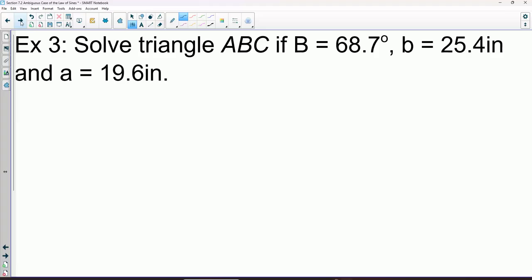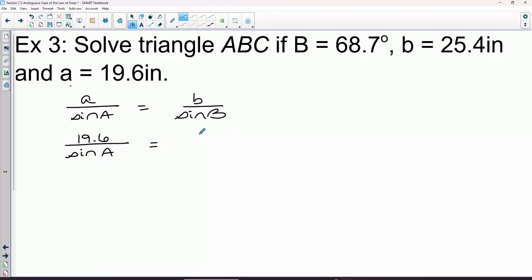Okay. So we start, we have information about A and B. So A over sine A equals B over sine B. So cross multiply, show as much work as you need to here.